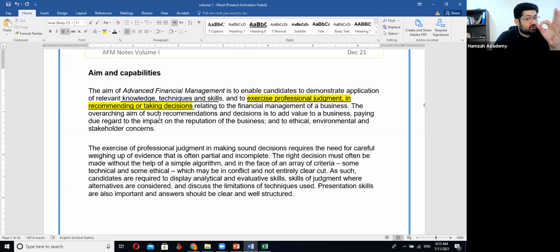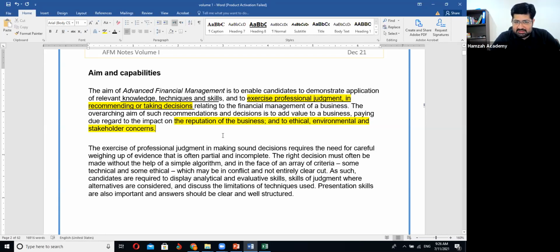And of course, remember, you are not doing financial management. Now you are in advanced financial management, meaning a senior finance manager of the company who doesn't just have to see the calculation. I repeat my words. Who doesn't just have to see the calculation, but other aspects of the business as well. For example, impact on reputation, ethical, environmental, and stakeholders' concerns as well.